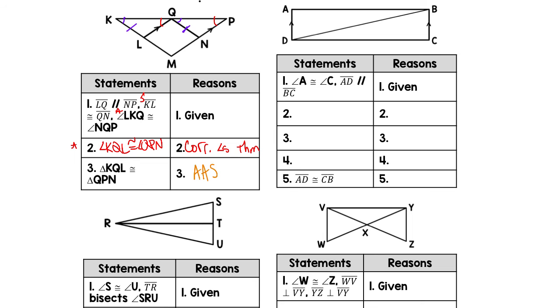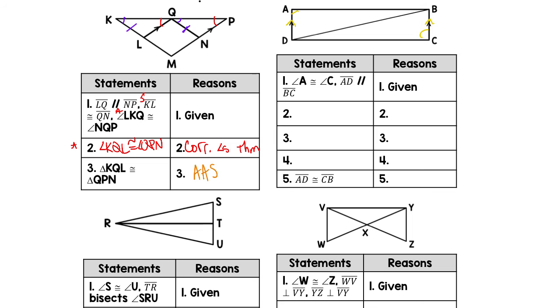Let's keep going. This may look like a familiar object, like we've had it before. Angle A is congruent to angle C. Segment AD is parallel to BC, and we can see that from these little arrows here. We eventually want to get to AD is congruent to CB, so we're going to have to prove these two triangles are congruent.